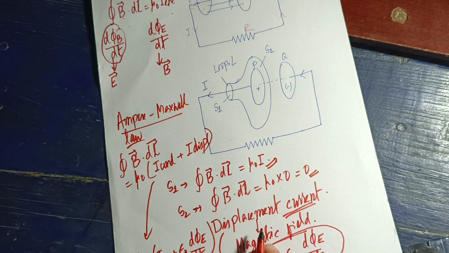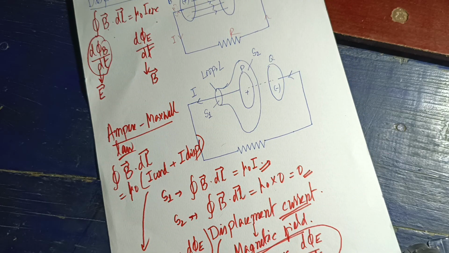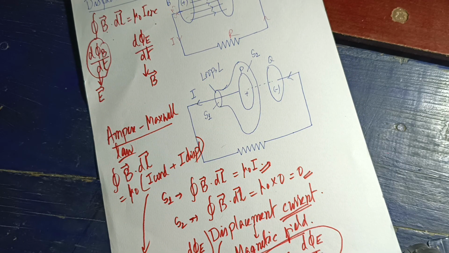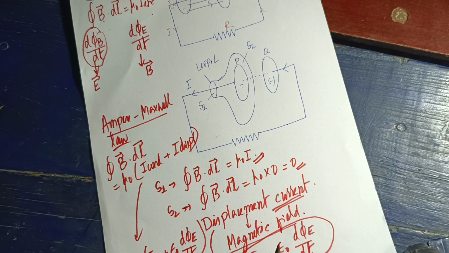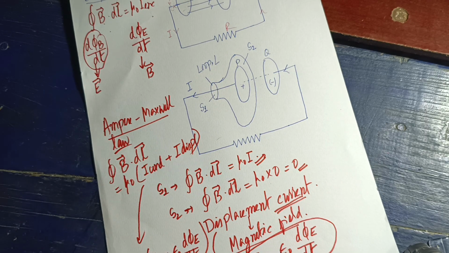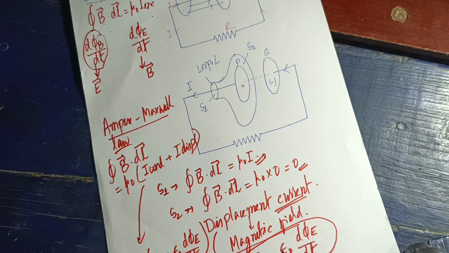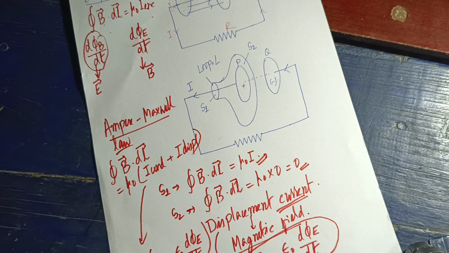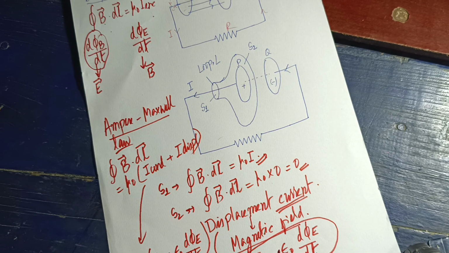This displacement current is responsible for the propagation of electromagnetic waves in vacuum or material. Without this displacement current, the propagation of electromagnetic waves would not be possible.